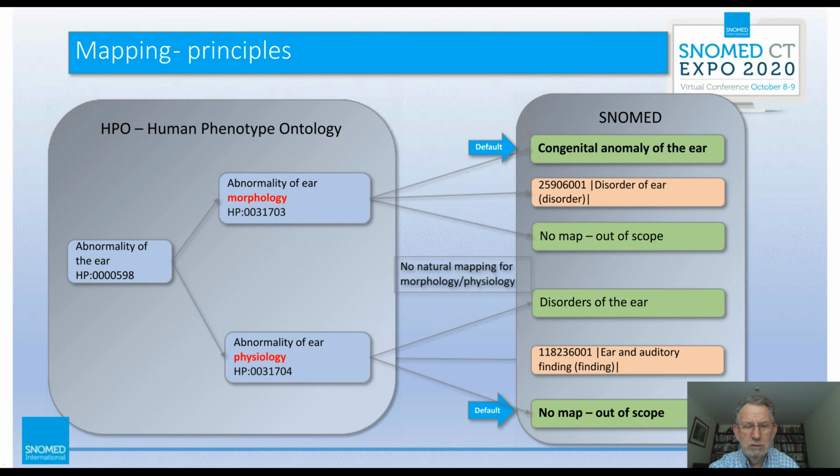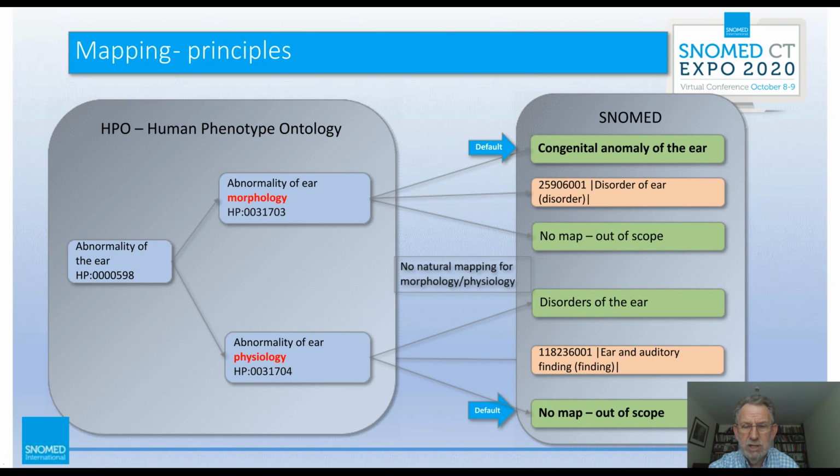Okay, so how do we handle morphology and physiology? That's quite a critical question. There are three options, really. The default one is congenital anomaly, and often the morphology terms align to the congenital anomaly term of the relevant system.